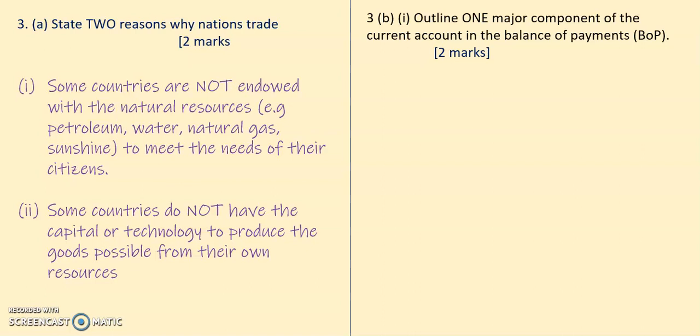Okay, the second part of the question, part B, says outline one major component of the current account in the balance of payments, right? So just looking for one thing you would expect to find on the balance of payments.